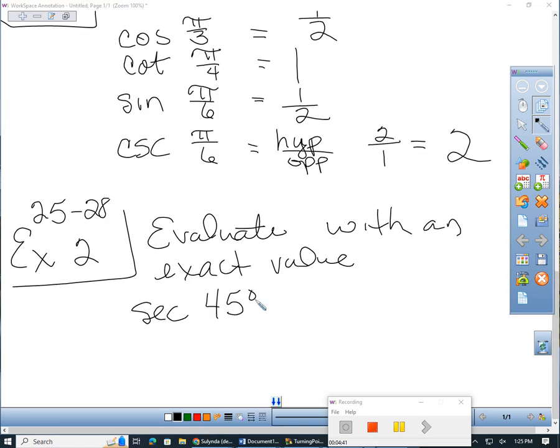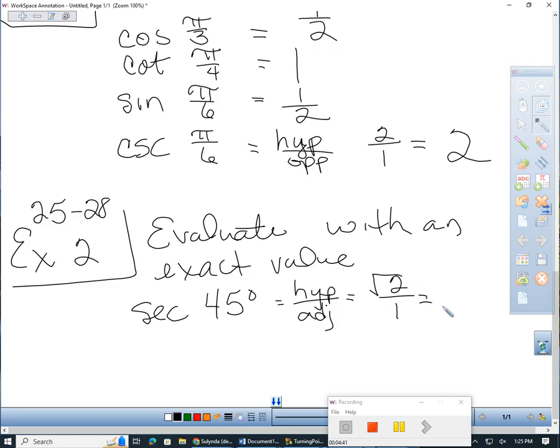So in this one, if I have hypotenuse over adjacent, that is, sorry, square root 2 over 1. My bad. Square root 2 over 1, which is just square root 2. So again, you're just looking at your triangles for those four.